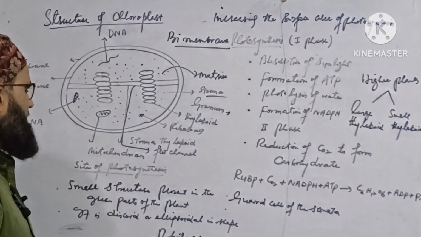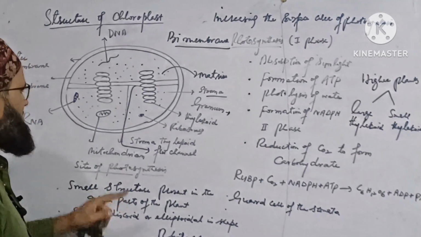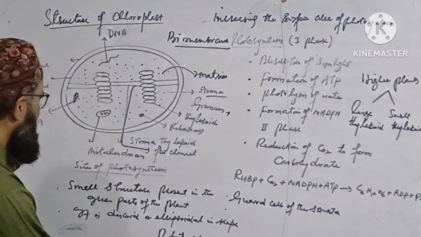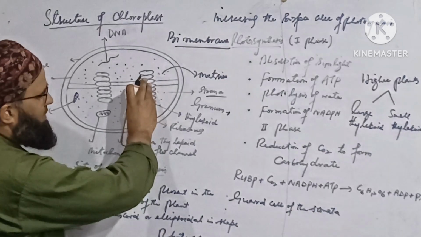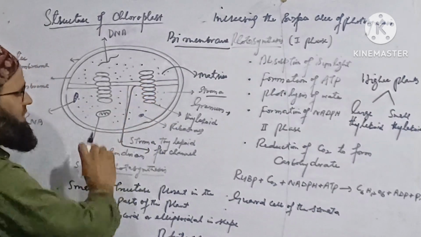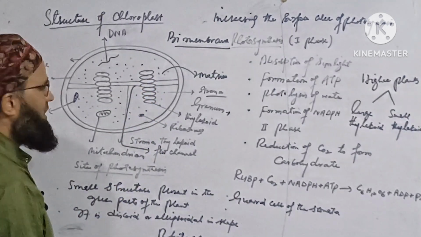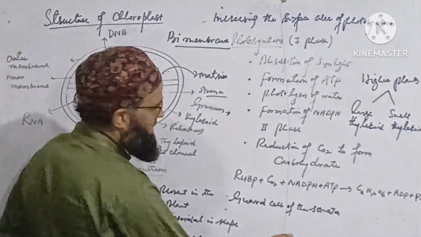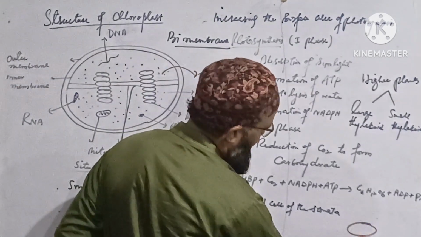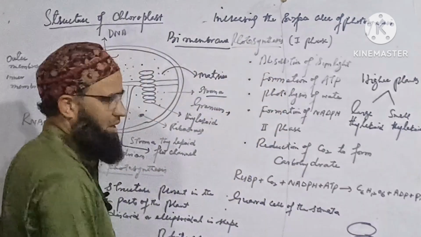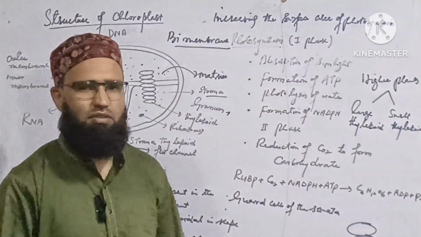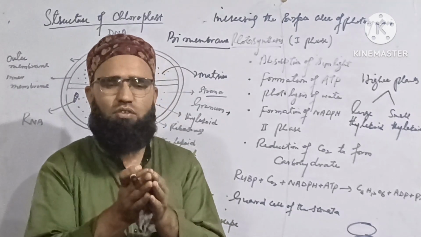How does the photosynthesis process take place in this chloroplast? This photosynthesis process starts from here, the granum thylakoid. What actually is a thylakoid? A thylakoid is a disc-like, disc-shaped structure, which is biconvex.